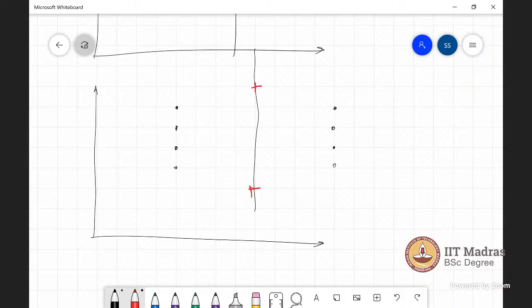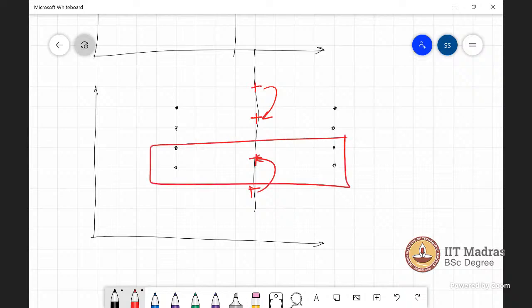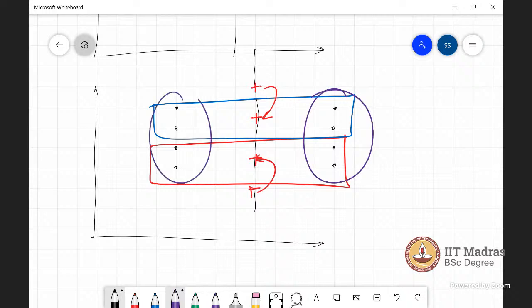Once you run the k-means algorithm, this centroid will jump to this place, and this centroid will jump to this place, and it will cluster as one cluster and another cluster. On the contrary, what should have happened is this should be one cluster, and this should have been the other cluster.